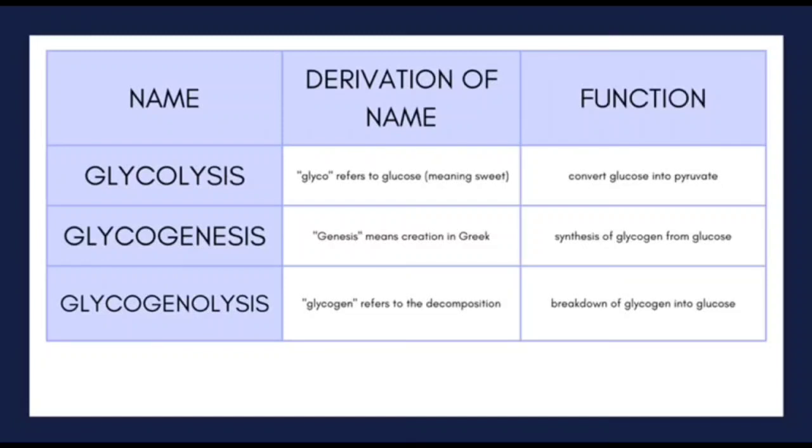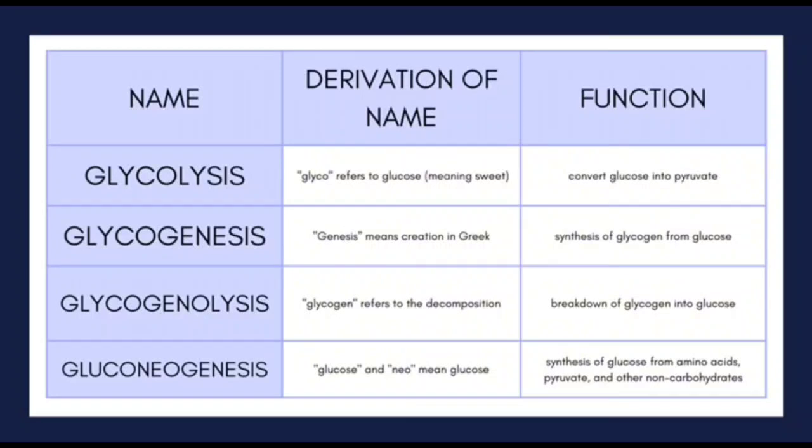Moving on to glycogenolysis, glycogen refers to the storage form, and its function is the breakdown of glycogen into glucose. Lastly, we have gluconeogenesis, where gluco means glucose and neo means new. Its function is the synthesis of glucose from amino acids, pyruvate, and other non-carbohydrates. These are the shortened definitions of the four terms in the table.